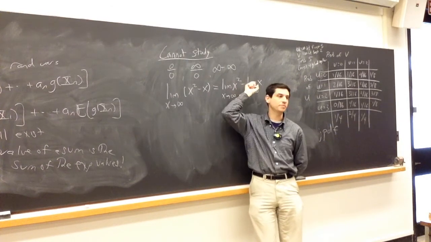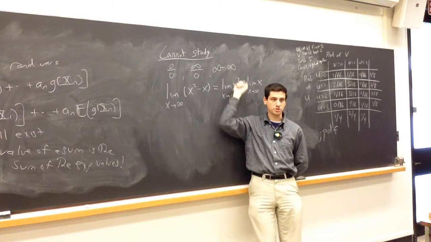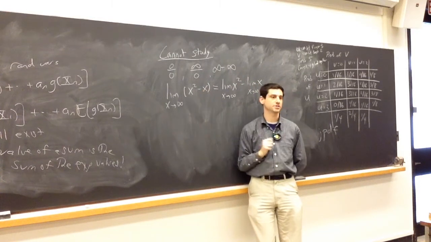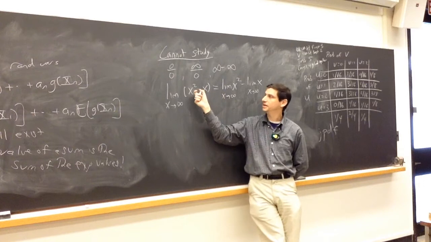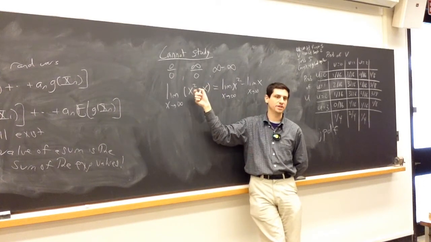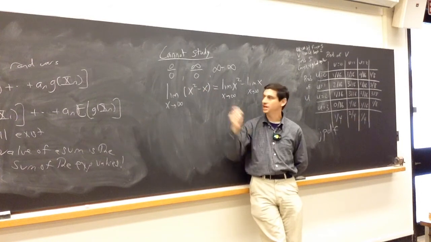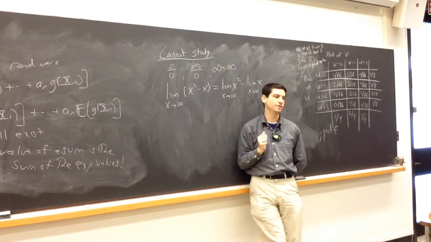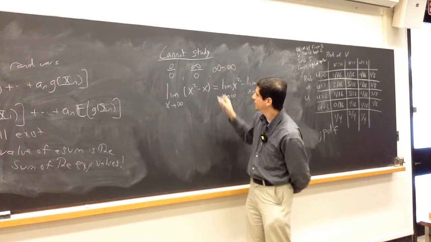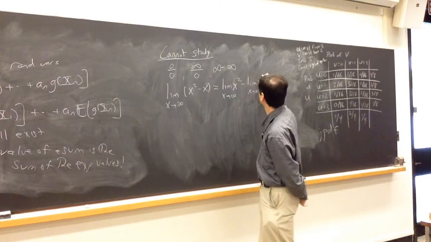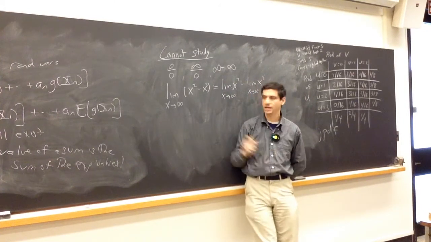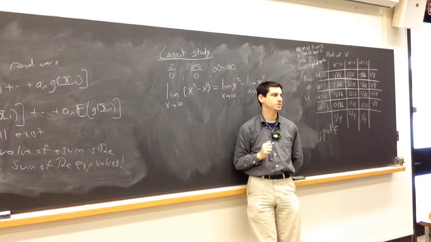See, I'd have infinity minus infinity. The way I can interpret that is to go back to this case and see here that the x is dwarfed by the x squared. We'll write this as x times (x minus 1). And we would see that in this case, this limit of infinity minus infinity is positive infinity. If I change this to a 4, it would become negative infinity. If I change this to a 2, it would become 0.